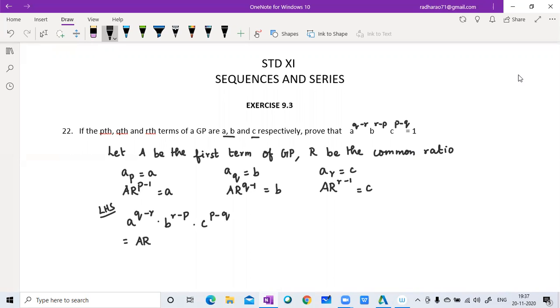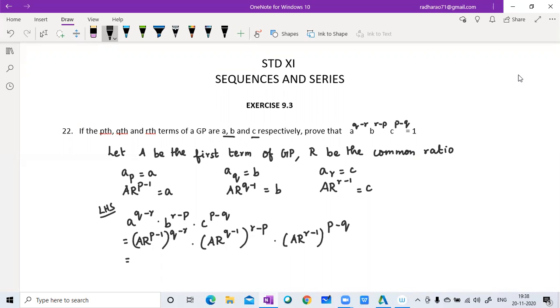Capital A R^(p-1), the whole power q-r, into, what is b? A R^(q-1), the whole power r-p, into, what is c? A R^(r-1), so c^(p-q), here also power p-q.